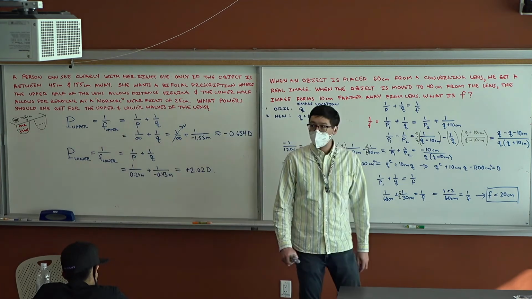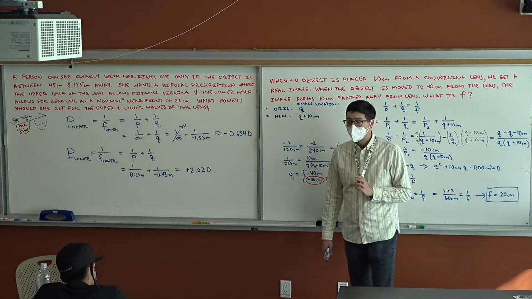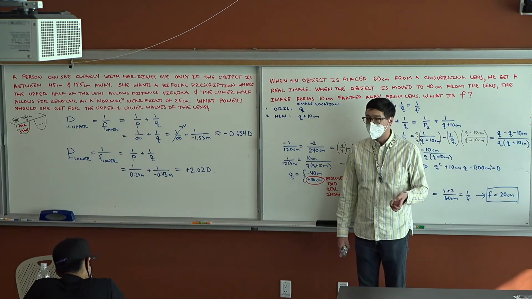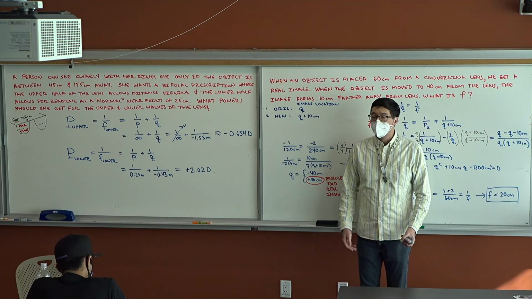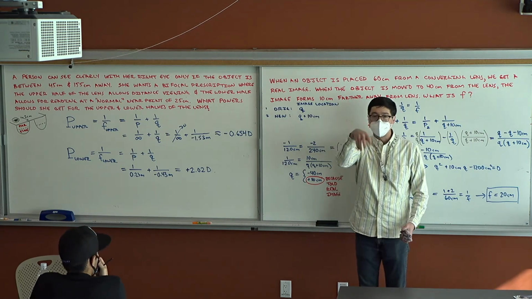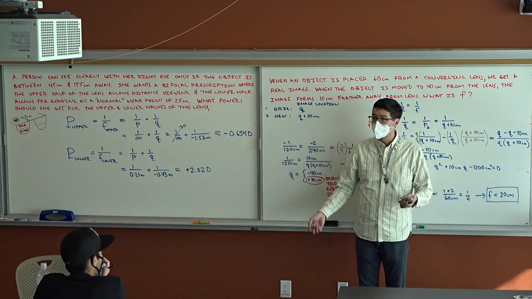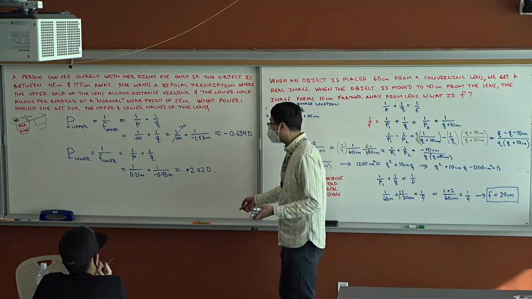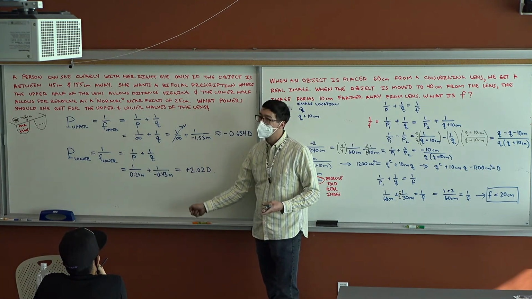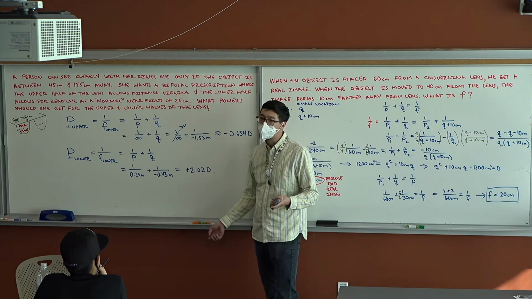You guys again are too young for this, but if you go into a CVS or whatever drugstore is near your house, they probably have a section in the back by the pharmacy where they've got some glasses on a stand. Like the generic reading glasses. Those all have positive focal lengths.